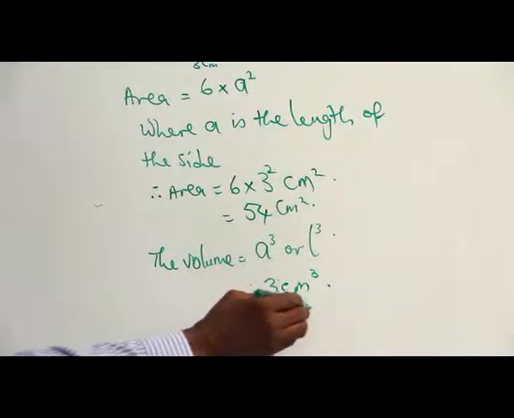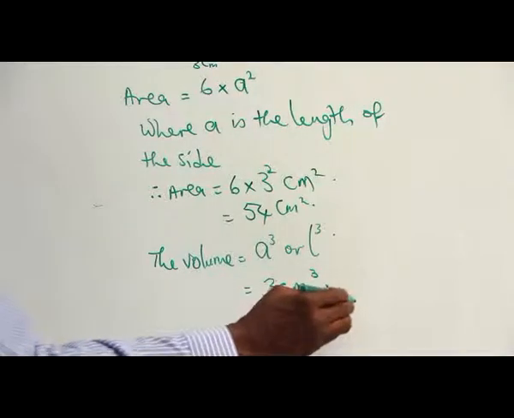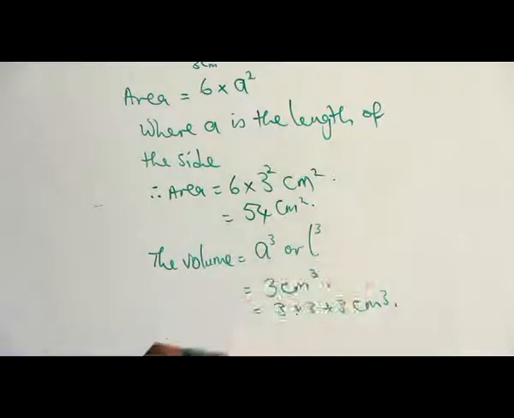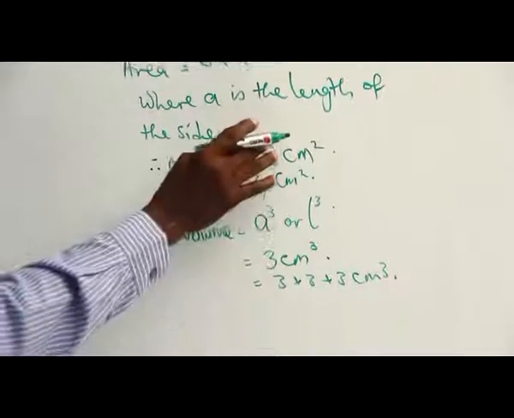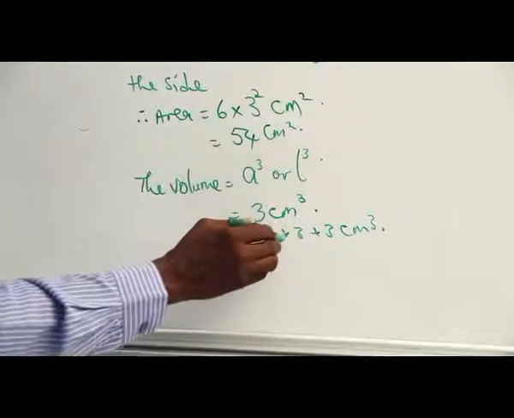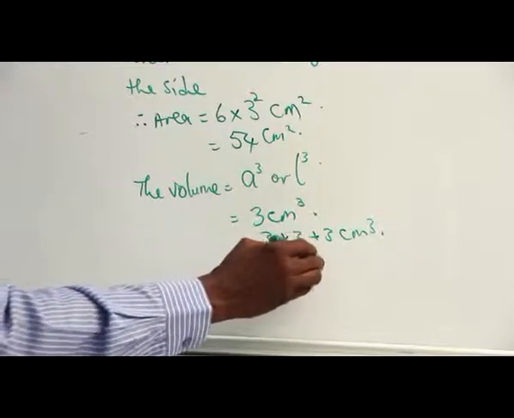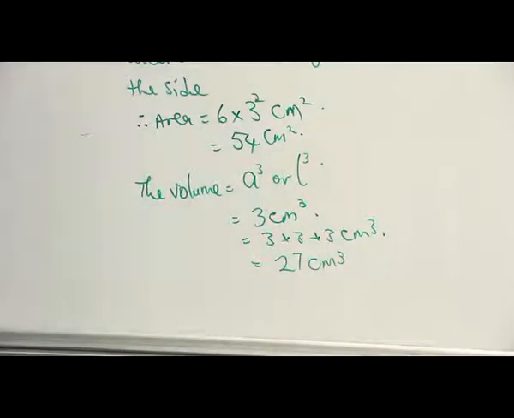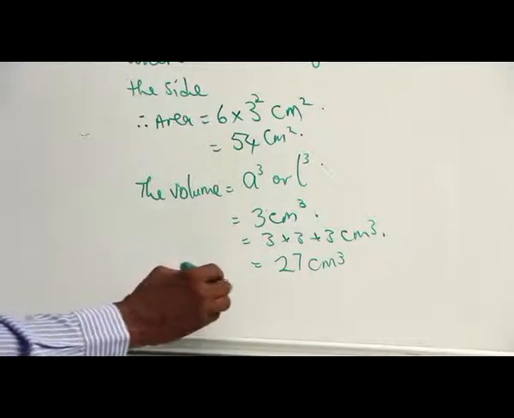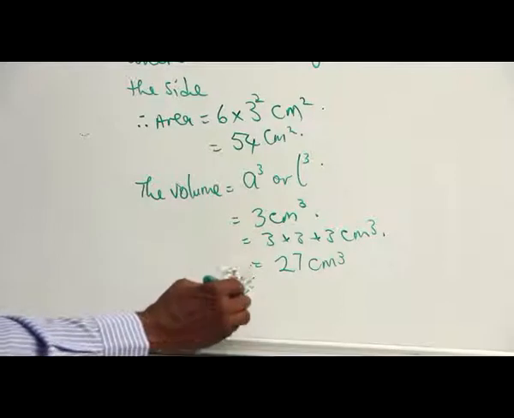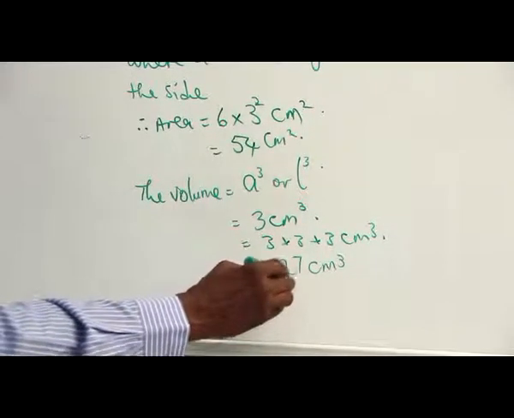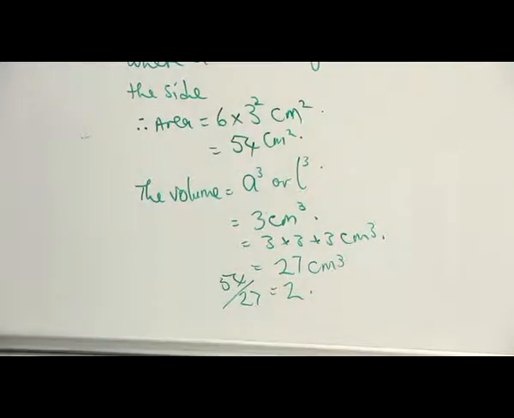That's 3 times 3 times 3 centimeter cubed. And this will give us what? 9 times 3, 27 centimeter cubed. So the area to volume ratio, area is 54, volume is 27. That will give us 2. So the answer is B.